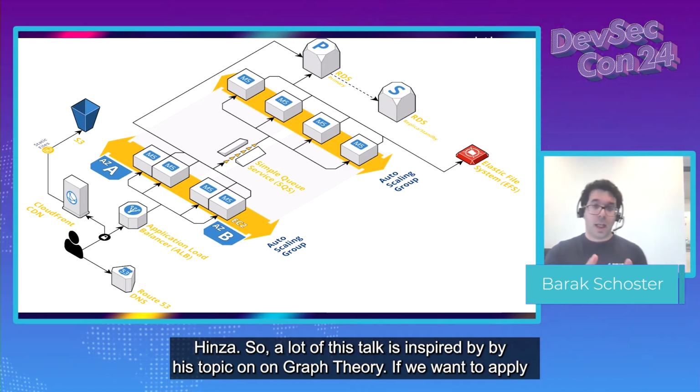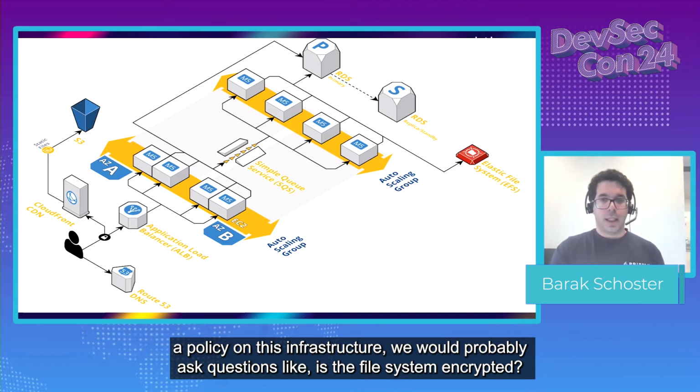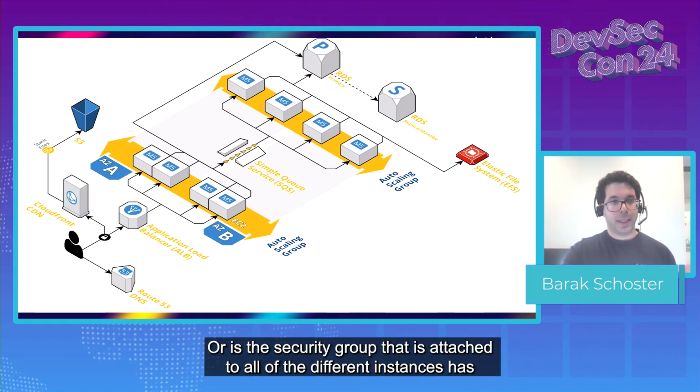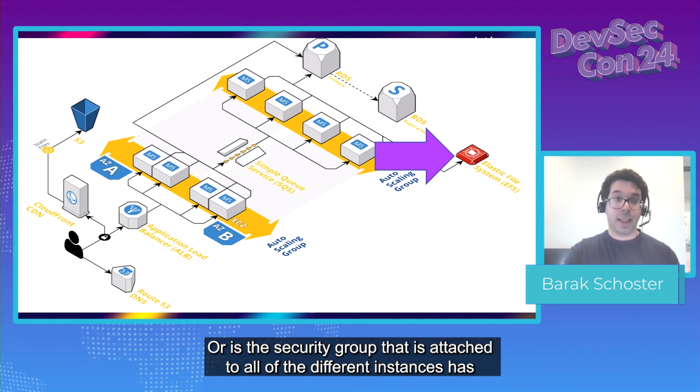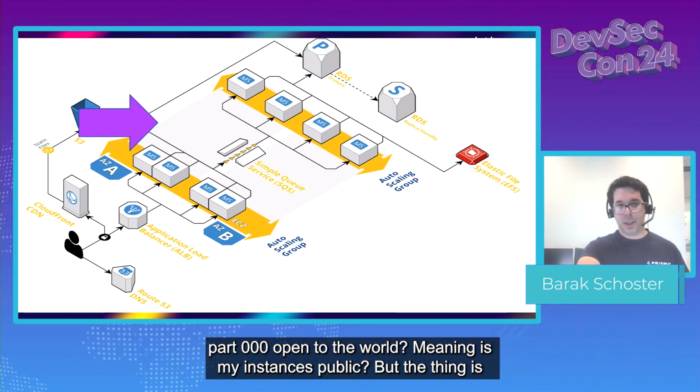If we want to apply a policy on this infrastructure, we would probably ask questions like, is the file system encrypted? Or does the security group that is attached to all of the different instances have port 0.0.0.0 open to the world? Meaning, are my instances public?